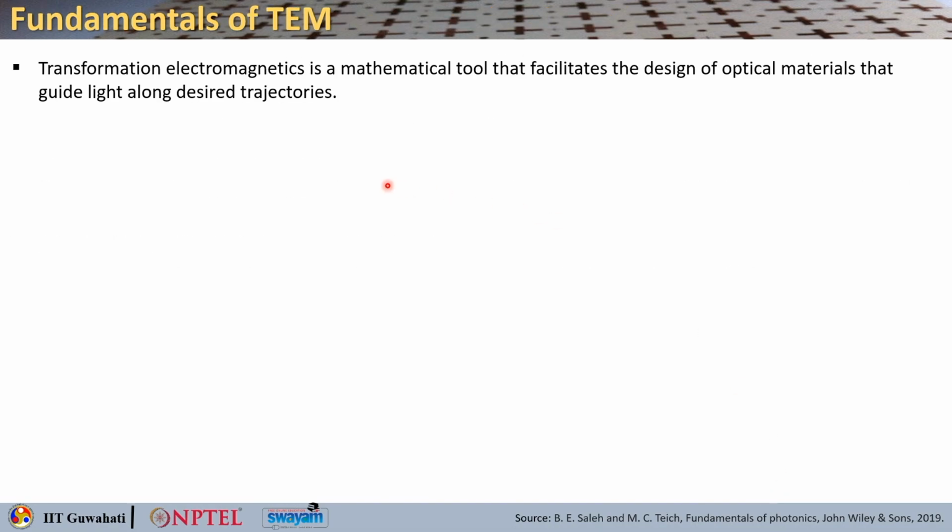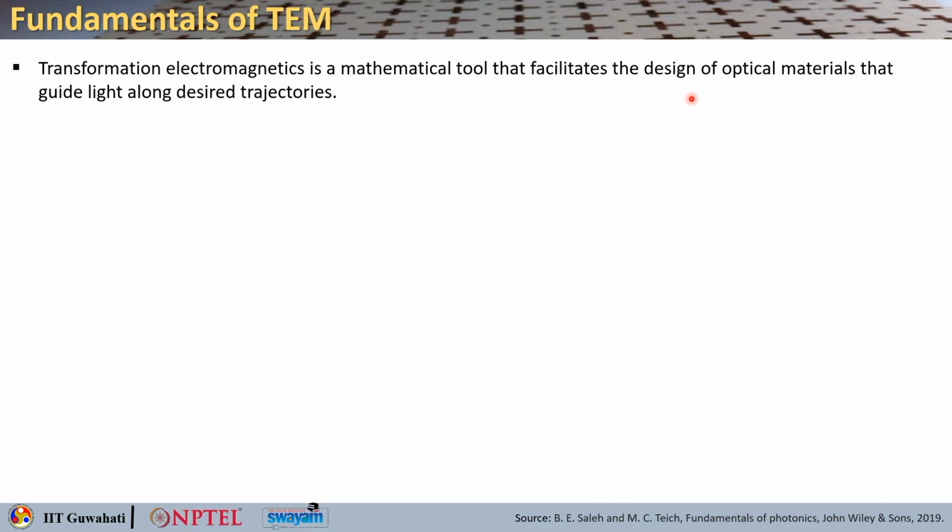Okay. So, if someone asks you what is transformational electromagnetics or transformation optics, the clear definition is it's basically a mathematical tool that facilitates the design of optical materials that can guide light along any desired trajectory.